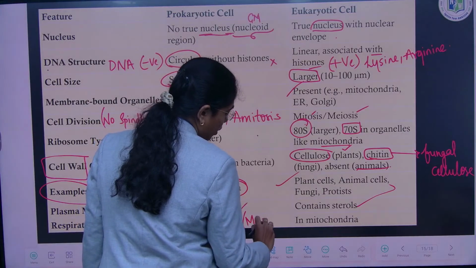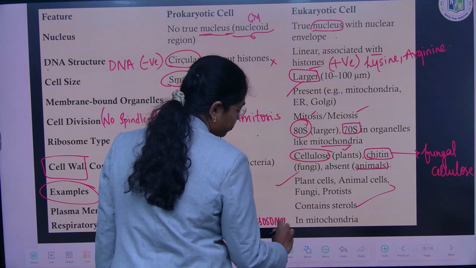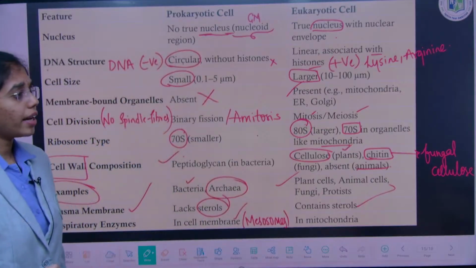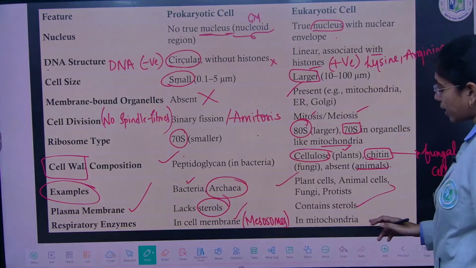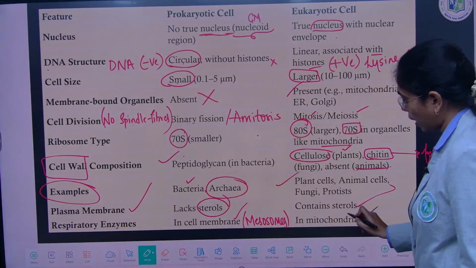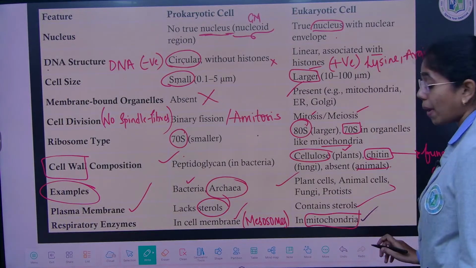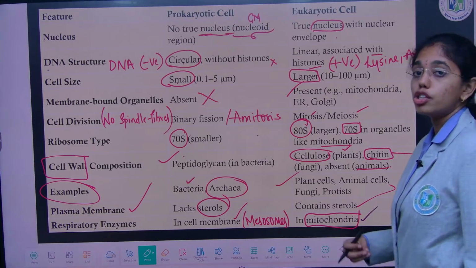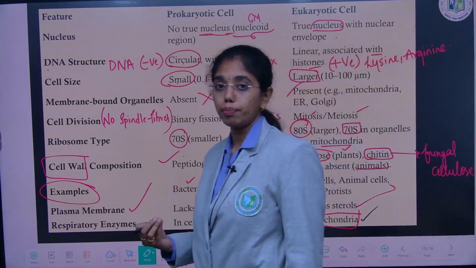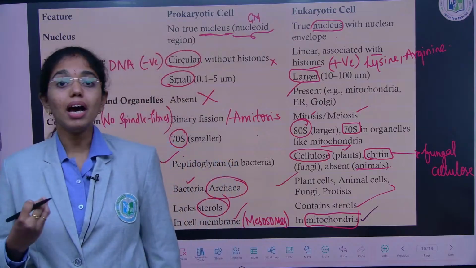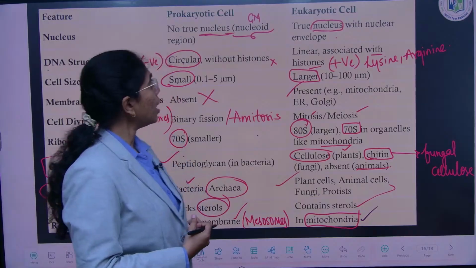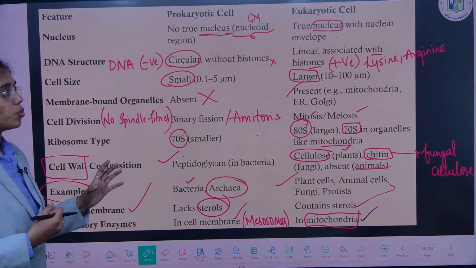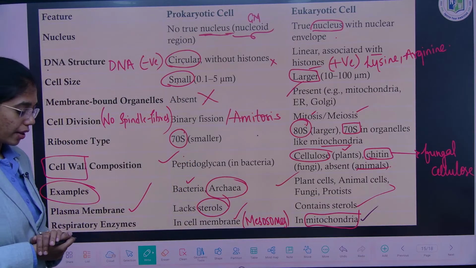In a eukaryotic cell, respiration is conducted via the organelle mitochondria, known as the powerhouse of the cell, as it oxidizes the complete food particles and releases cellular energy, which is ATP. So, these are the clear differences between prokaryotic and eukaryotic cells.